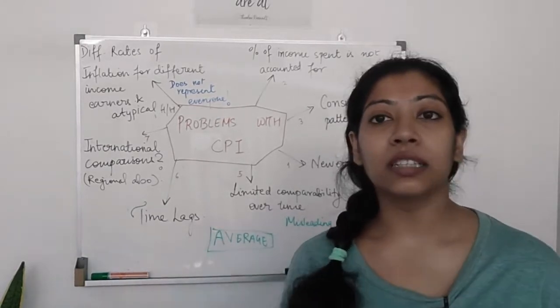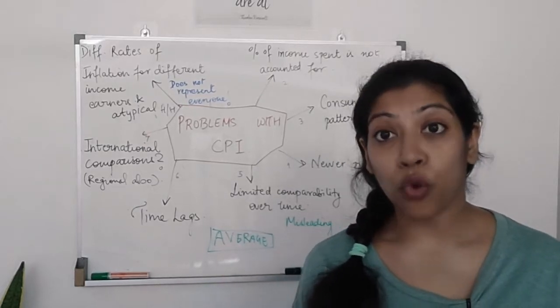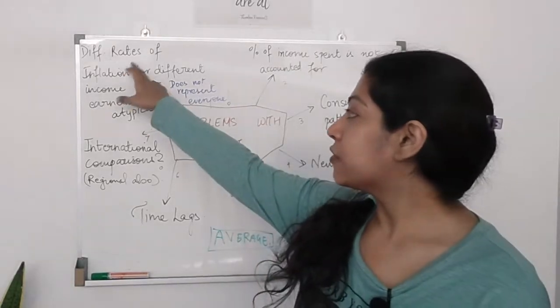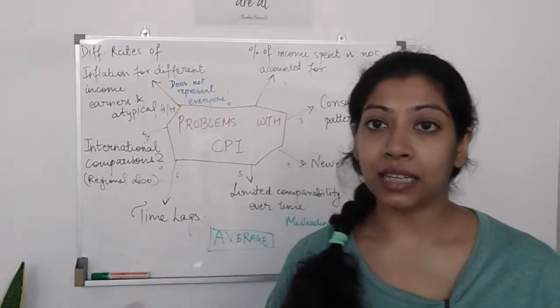All of them will be very different from each other in how and what they spend on. So obviously there will be very different rates of inflation for different income earners and atypical households.